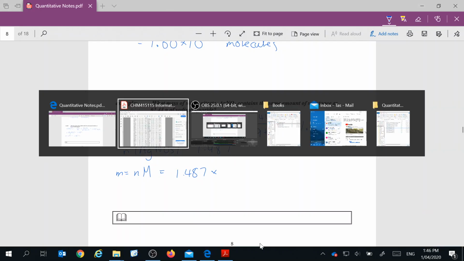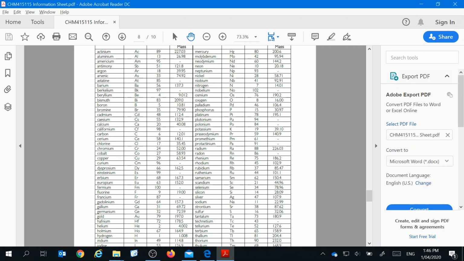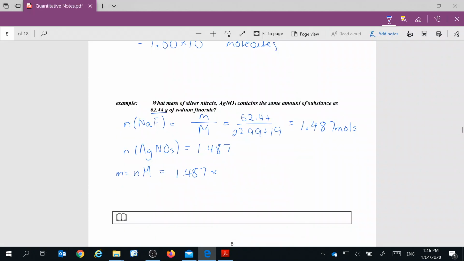What did I say silver was? 107.9, yes. 107.9 plus nitrogen's 14.01 plus 3 oxygens at 16.